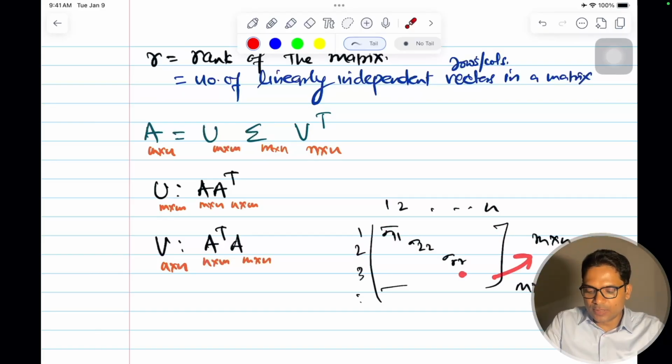If the rank is equal to M, then it will go till sigma M M, and the rest we will make 0 to make this multiplication happen.